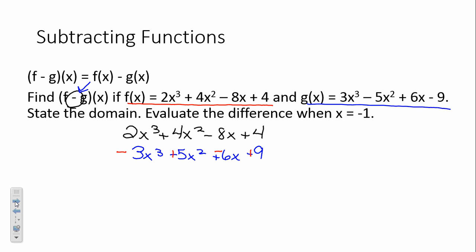And if you can do them in one big long problem, that's fine. If it helps you to write them vertically, that's fine too. So 2x cubed minus 3x cubed is what, Kobe? Very good. And 4x squared plus 5x squared is what, Laurel?